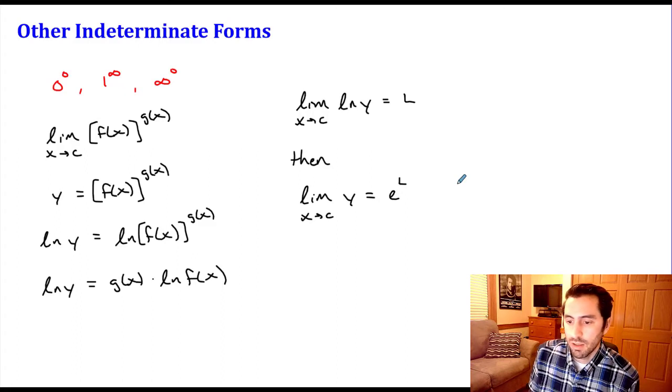So I can rearrange using the logarithm, find that limit, and then undo that rearranging by finding the limit of y, which is going to be equal to e to that number.